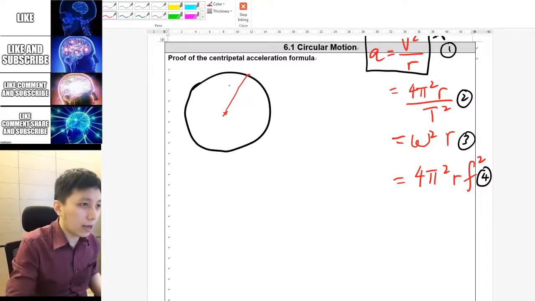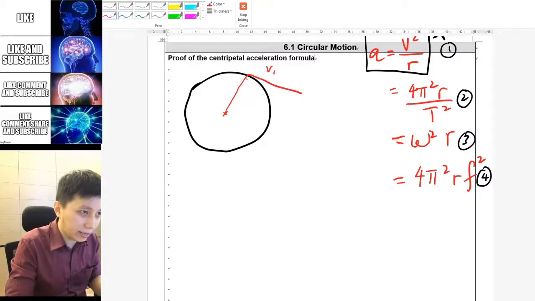So for this one, I have already drawn a circle with a radius r, and imagine there's an object moving in this circle with velocity v1. Let me just draw it a bit more like 90 degrees.